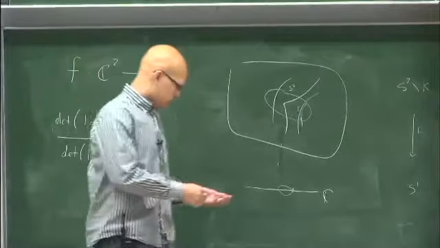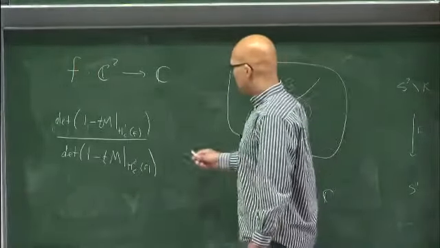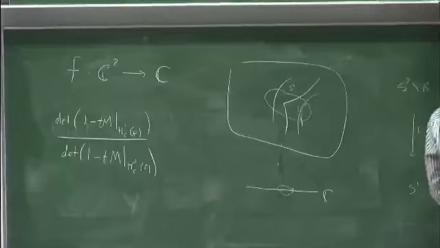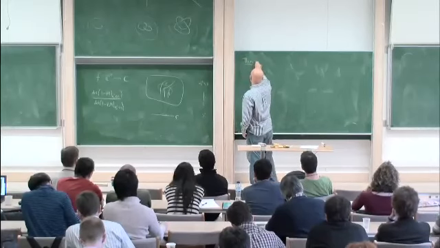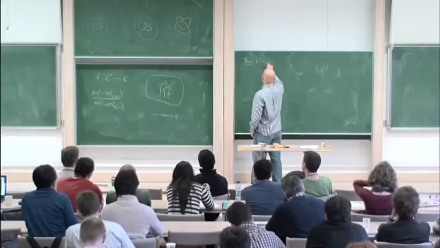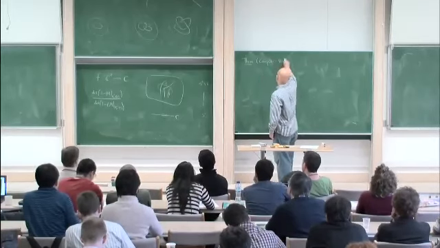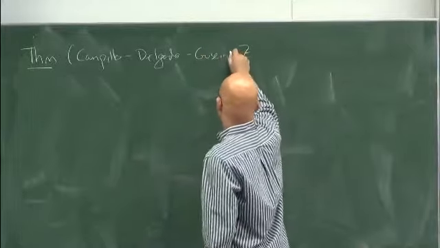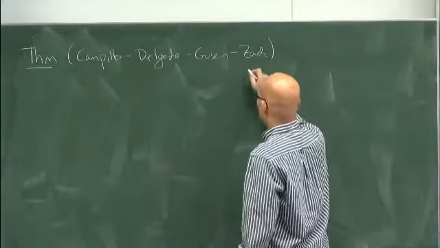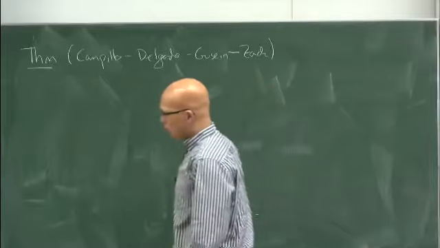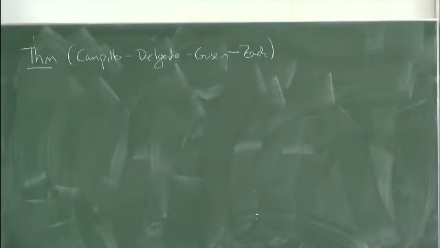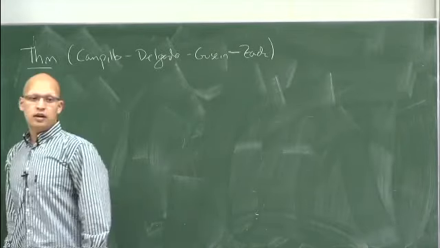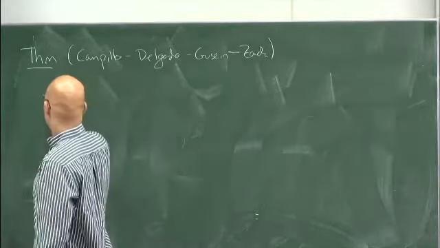And the starting point of this talk is a theorem proved by Campillo, Delgado, and Gusein-Zade. So Gusein-Zade is one person. Which says, this is sometimes called the zeta function of the monodromy, which says you can recover the zeta function of the monodromy from the ring of functions on the curve.